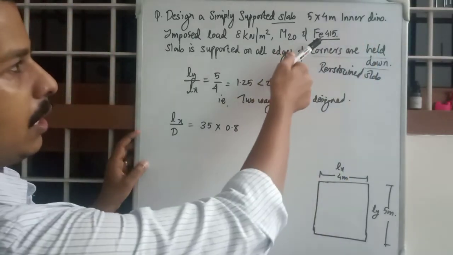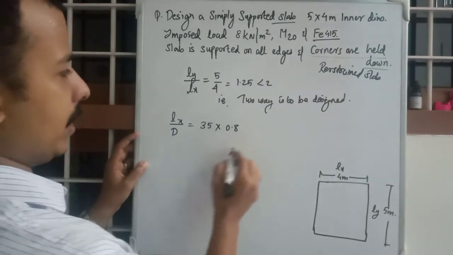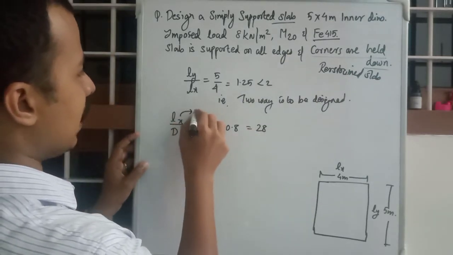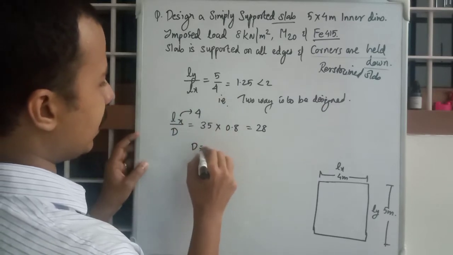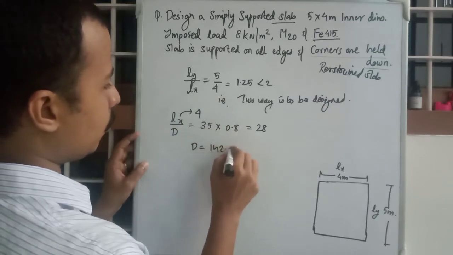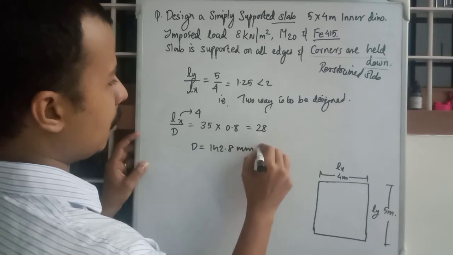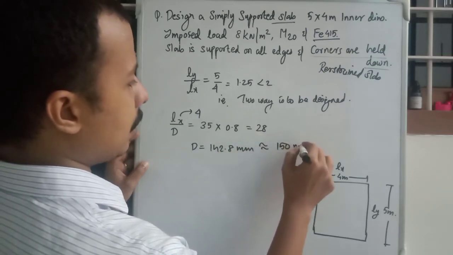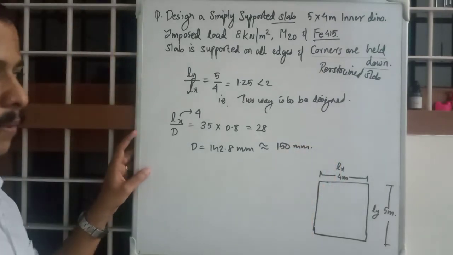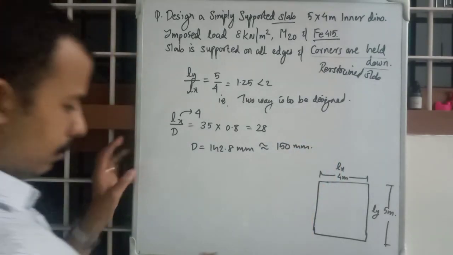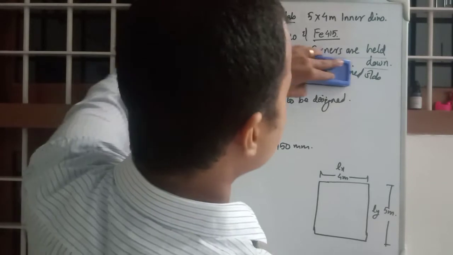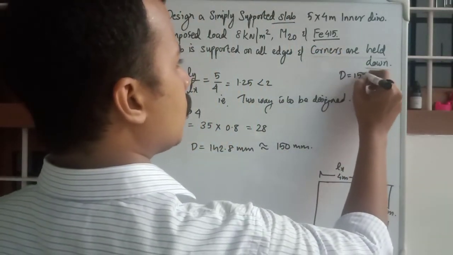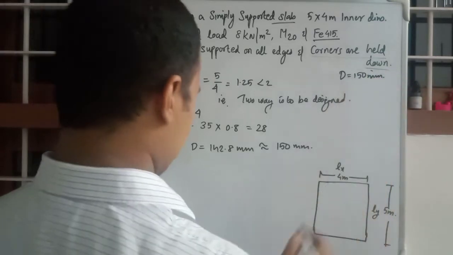We are using Fe415, so 0.8 times 35 is 28. We have Lx as 4, so we will get D as 142.8 mm. We will approximate it as a 150 mm depth slab. So D is equal to 150 mm.